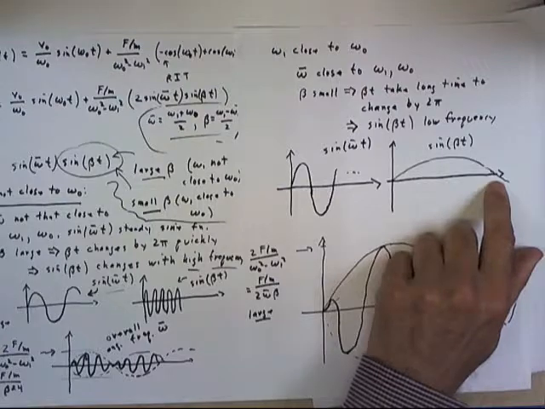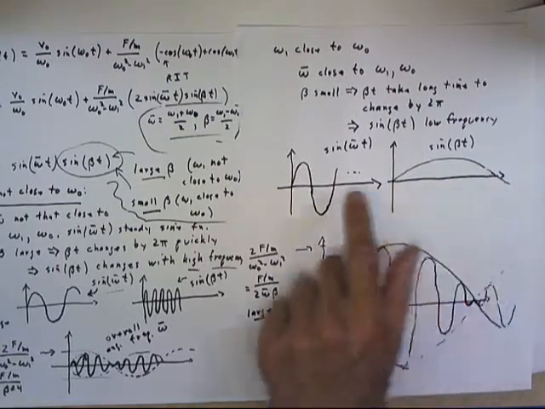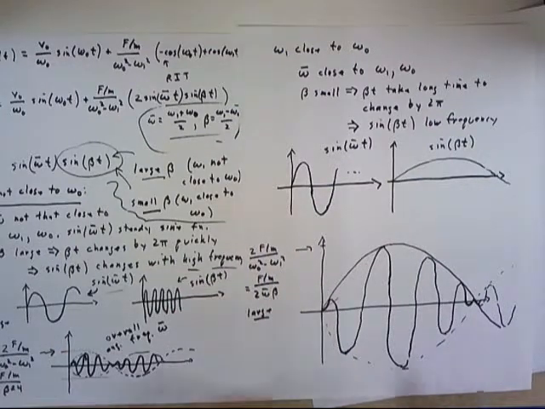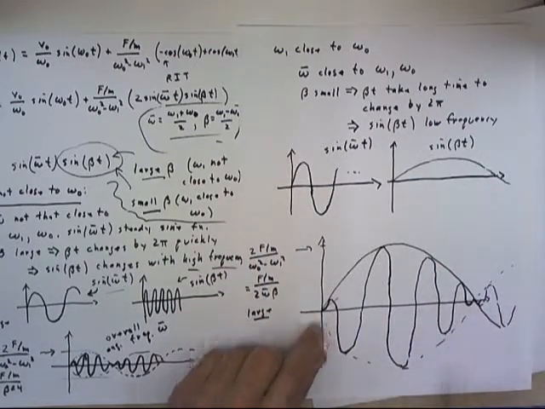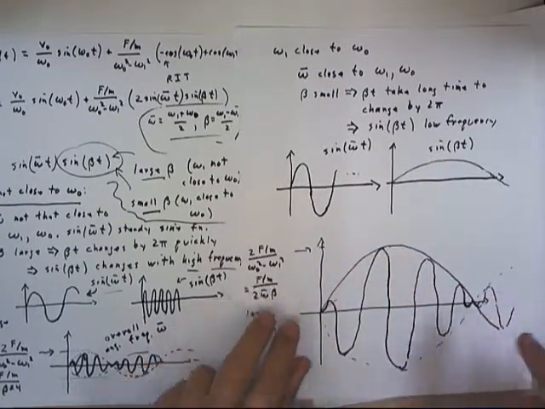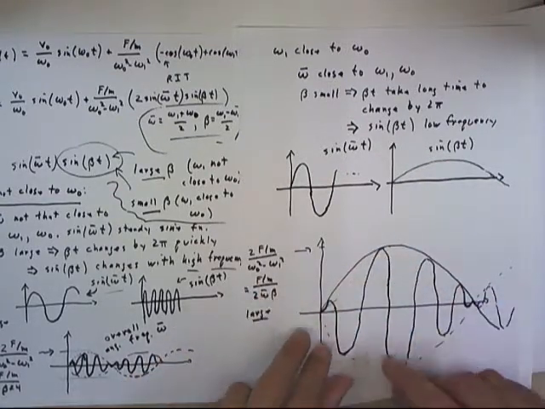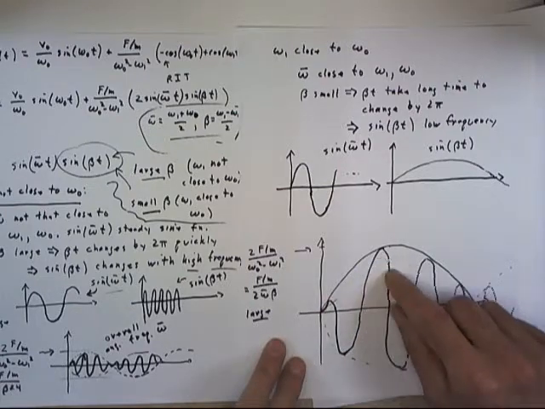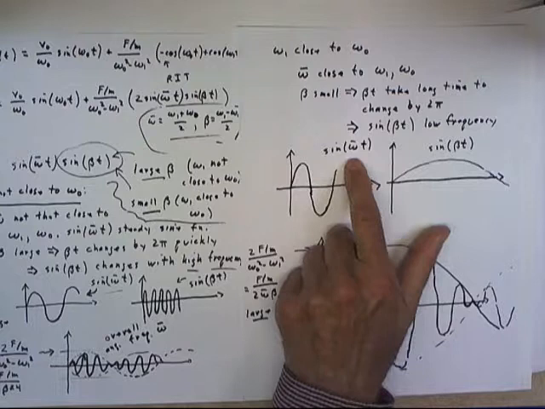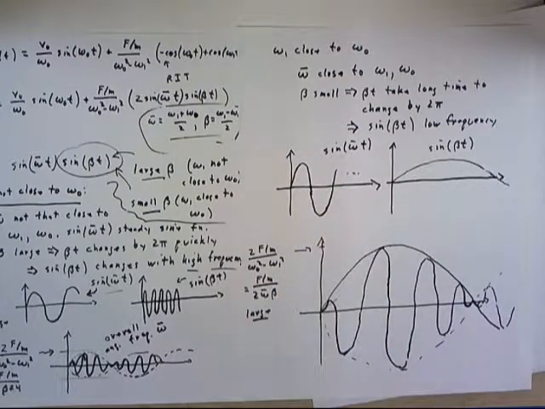And if the two are close enough together, that period will be much longer than the sine of omega bar t. And that's going to lead us to a function that looks like this, where it's the sine of beta t that provides the envelope within which the oscillations occur, and the oscillations occur at close to the natural frequency.